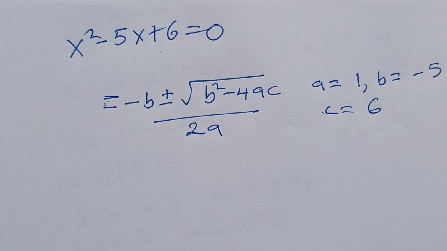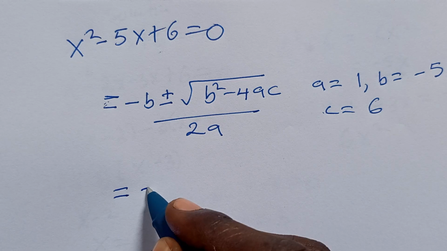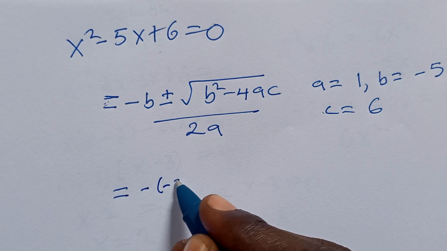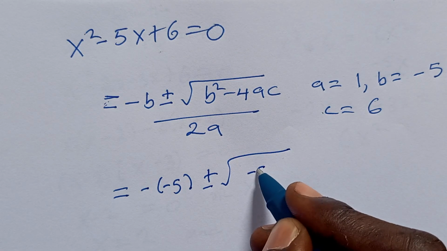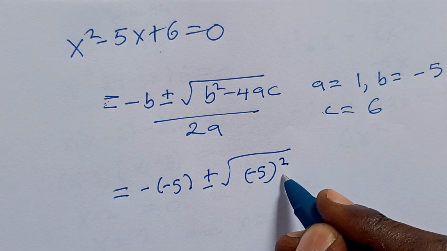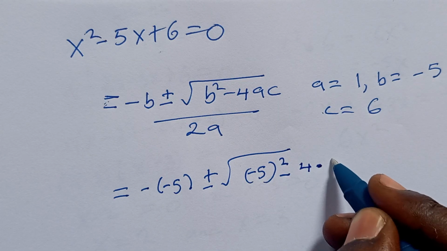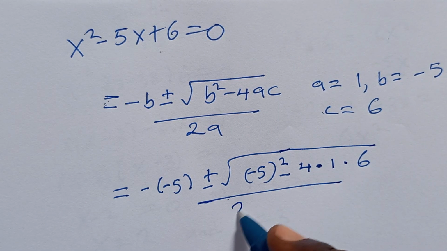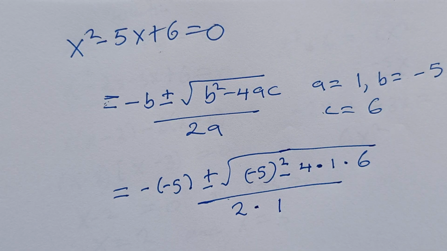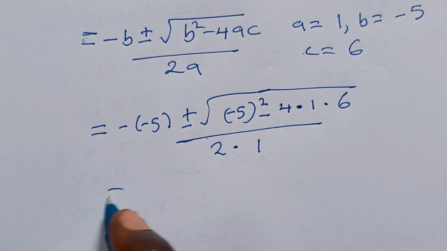Substituting it directly into our formula, we have minus minus 5 plus or negative the root of minus 5 squared minus 4 times our a, 1, times our c, which is 6, all divided by 2 times our a, 1.